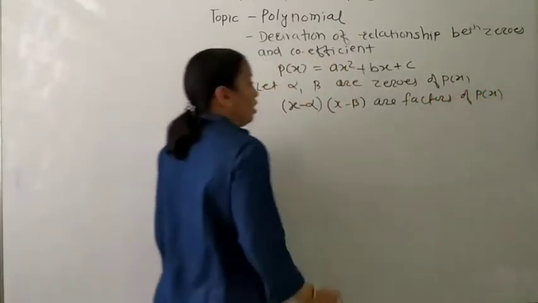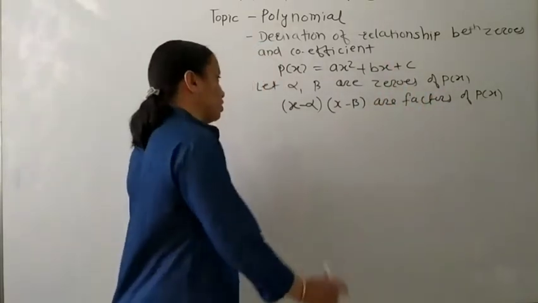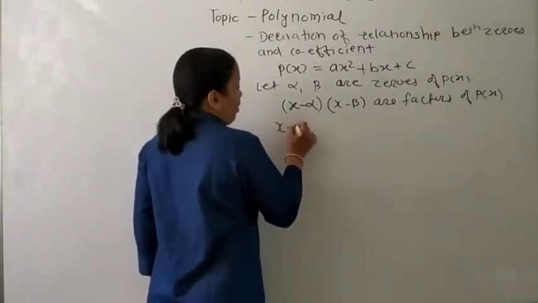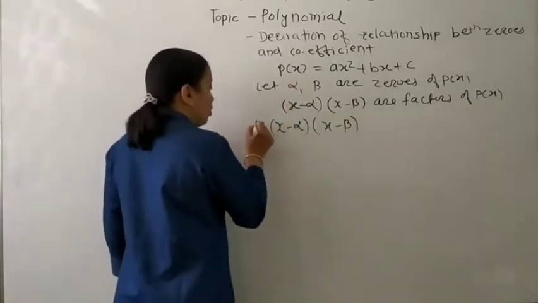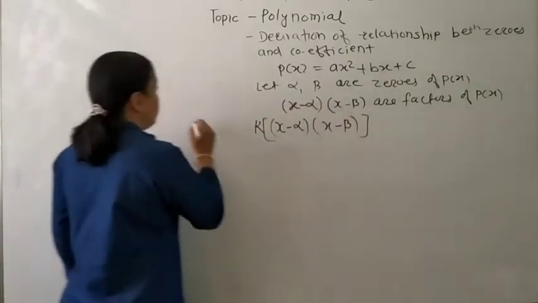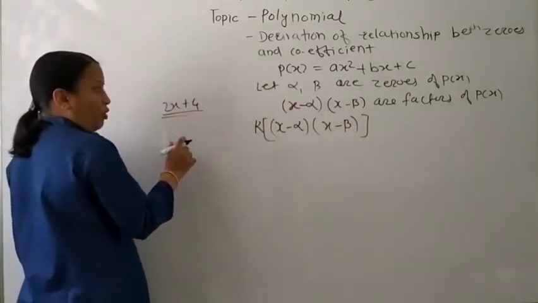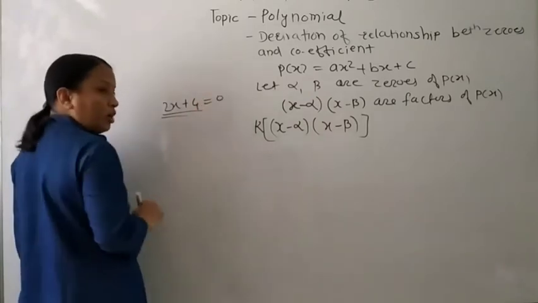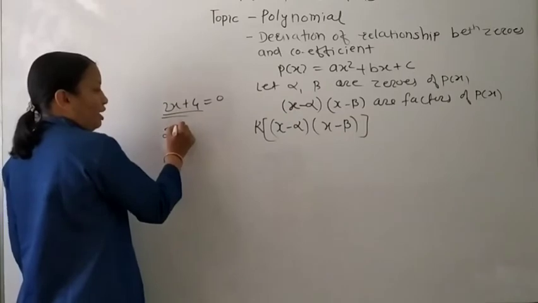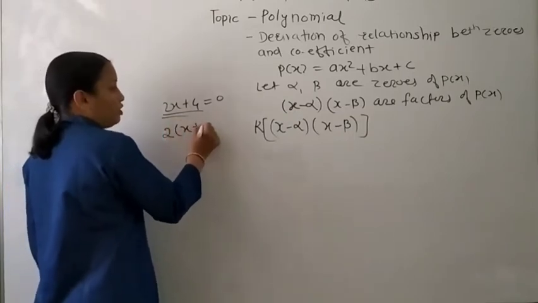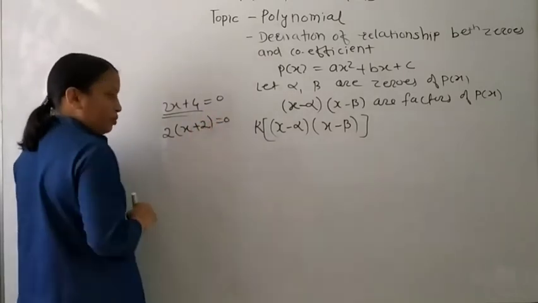Now you know that if the factors are multiplied with each other, you will get the original P of x. So we can write x minus alpha into x minus beta, but some constant will be there. Suppose 2x plus 4 is a linear polynomial. I want to find the zero, so I equate it to zero. If I take the 2 common, I get x plus 2 equal to 0.